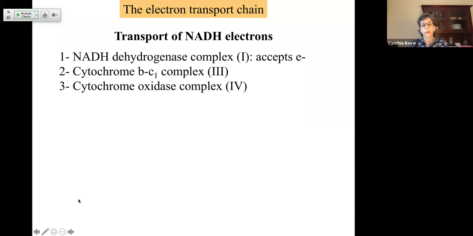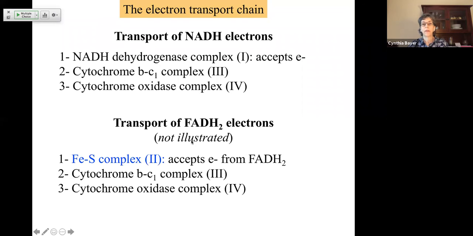We're going to look at this on the next slide, but we also remember that some electrons have been carried in a different electron carrier, FADH2. FADH2 passes its electrons first to another complex that we call the iron sulfur complex.